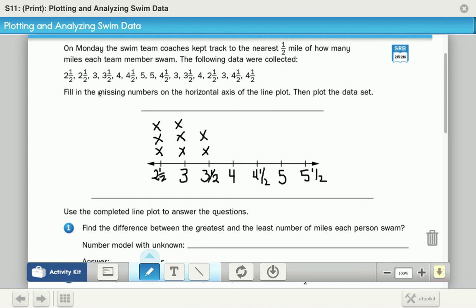How many 3.5s? I have 1, 2, 3.5s. How many 4s? 1, 2 4s. How many 4.5s? 1, 2, 3, 4, 4.5s.